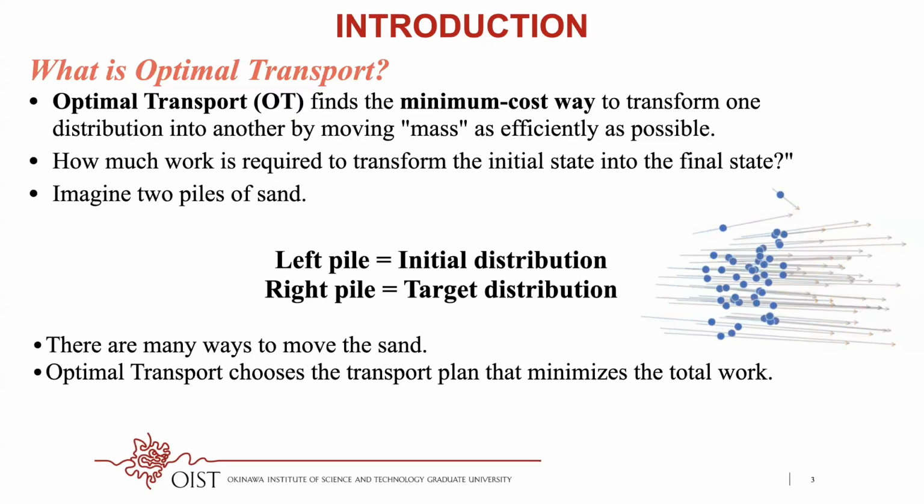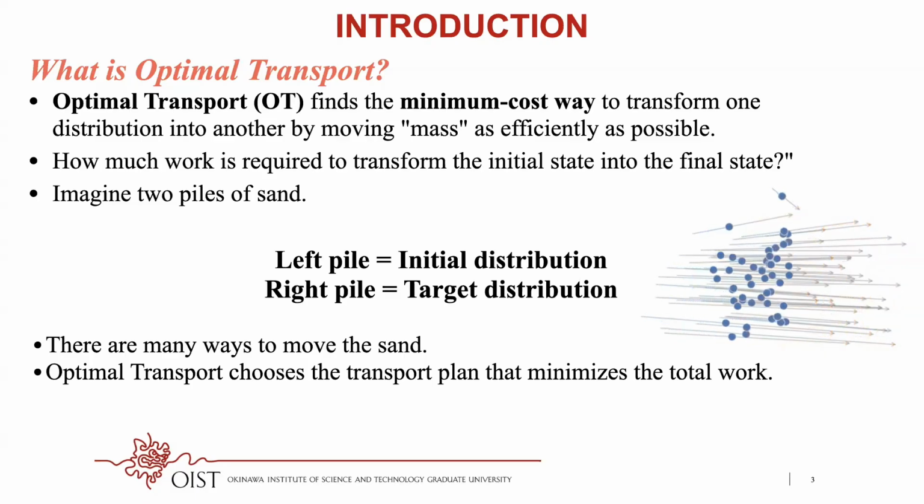As you can see in the animation, the left side is the initial distribution and the right side is the target distribution. There are many ways to move the mass, right? And optimal transport chooses the transport plan that minimizes the total work.